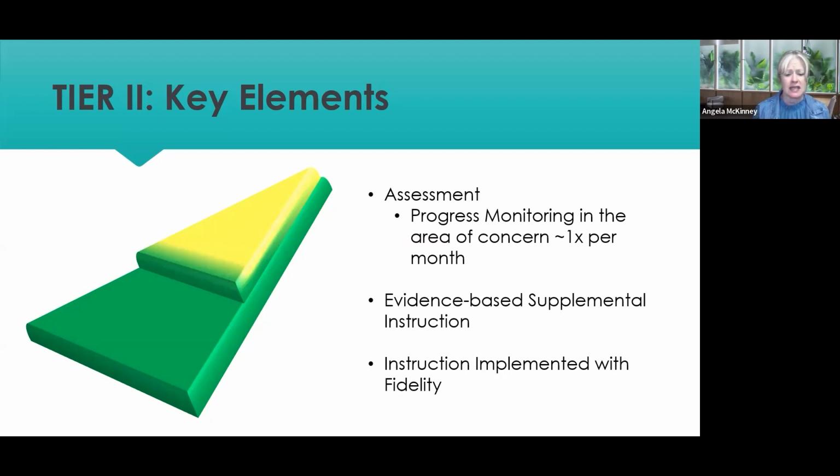We're still going to be using evidence-based instruction, and we still want to make sure that things are happening with fidelity. Now, I would also encourage you to think about, within your school or your district, having something written that will tell you a little bit more about what is expected for teachers.